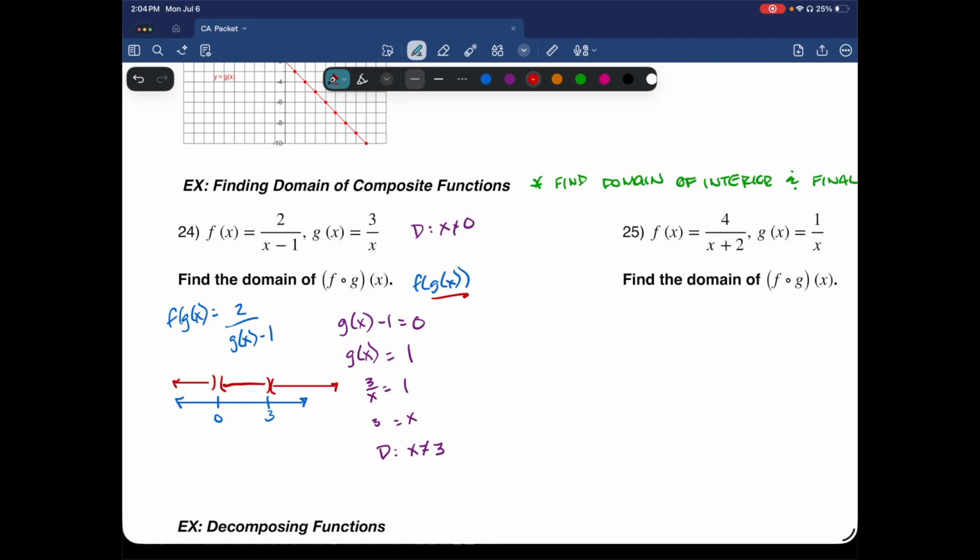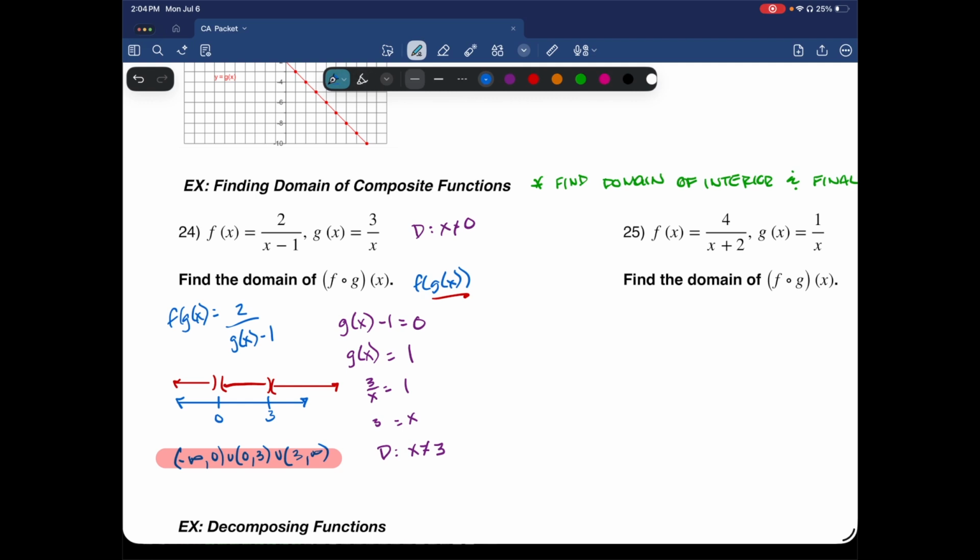So you write that like so, negative infinity to 0, 0 to 3, union 3 to infinity. All right, so you found the domain of the inside function, and you found the domain of the final function, and then those together is your domain of the new function.